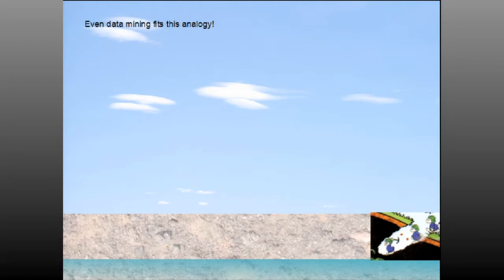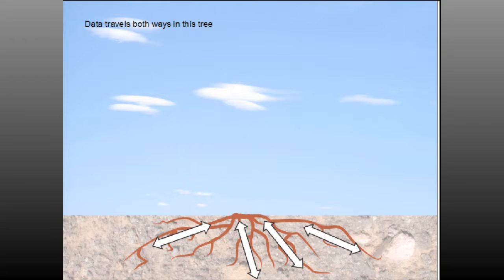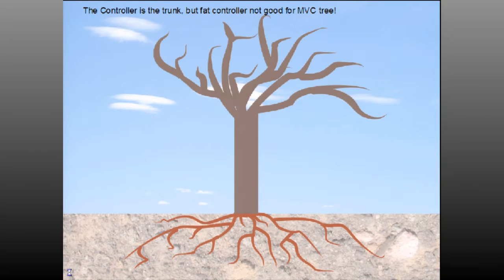So when thinking like that, we want to think of models as the roots to extract all the data. And this tree is a little special because with the data it's a give and take. You're putting data back into the earth as opposed to just taking it out like a real tree, but hey, nobody's perfect, right? Even trees.